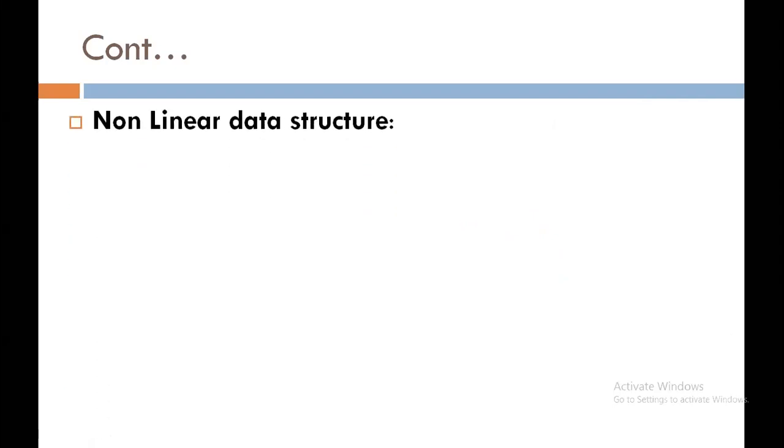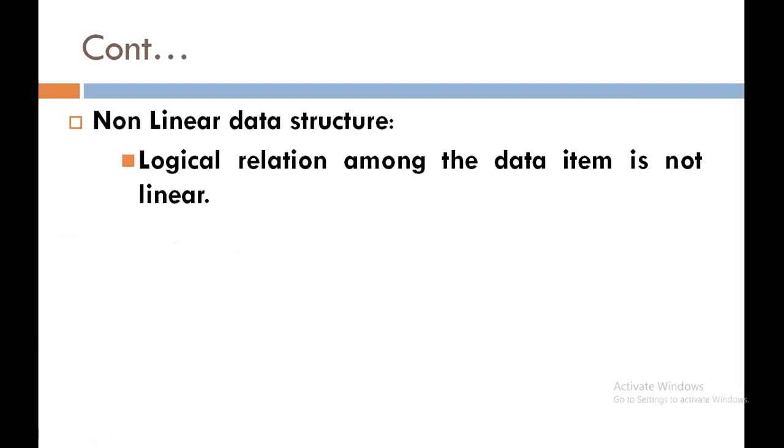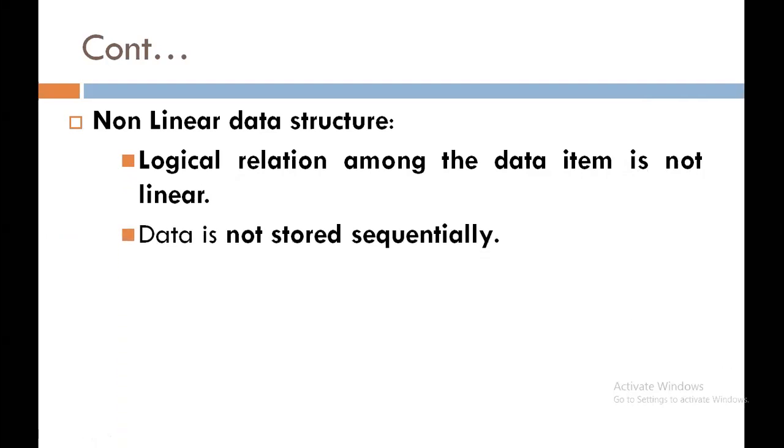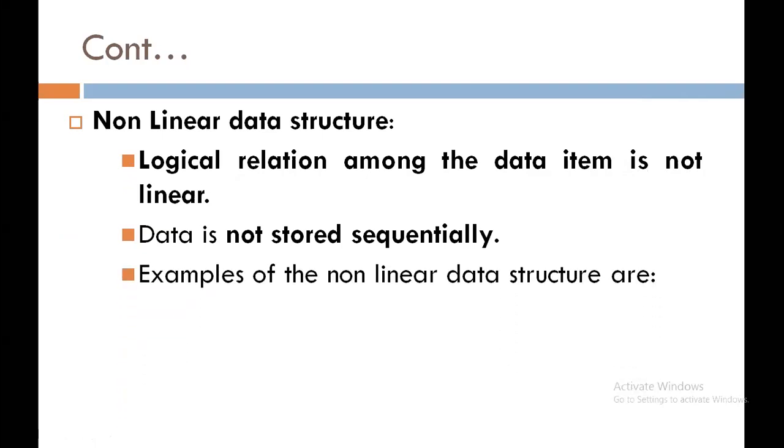Next is the second category of non-primitive data structure, which is the non-linear data structure. In this, the logical relation among the data items is not linear. So data is not stored sequentially, meaning one by one. Examples of non-linear data structures are tree and graph.